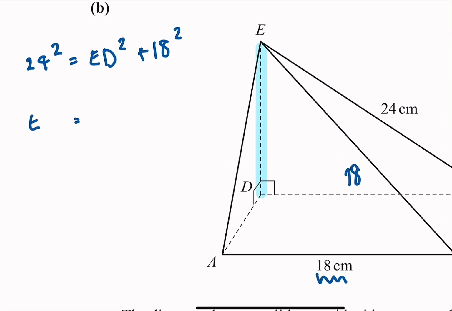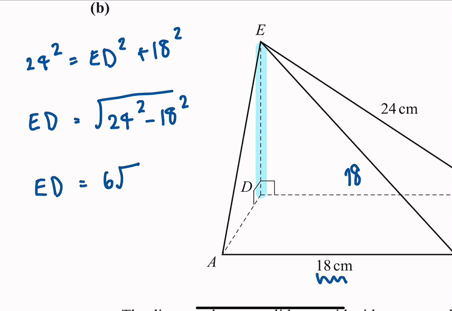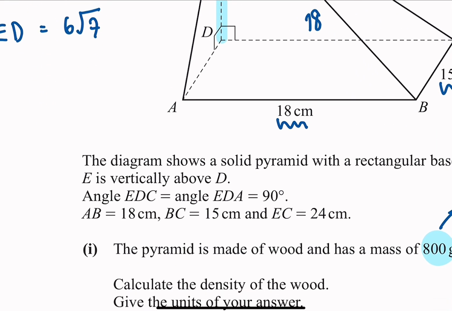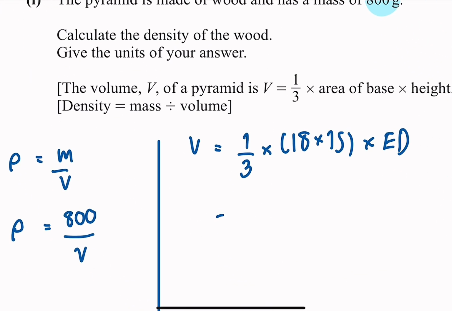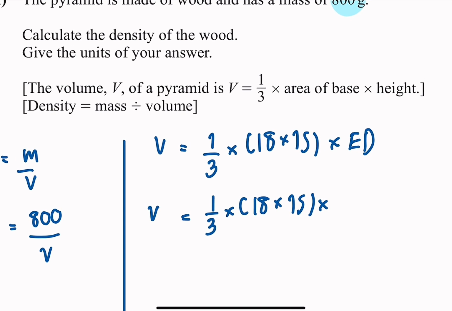Therefore, ED is equal to square root of 24 squared minus 18 squared, which is 6√7. Therefore, ED is 6√7, and the volume is 1/3 multiplied by 18 multiplied by 15, and then multiplied by ED, which is 6√7.